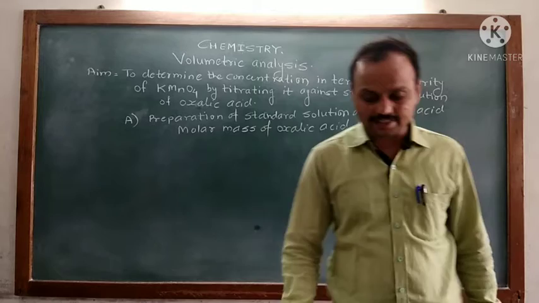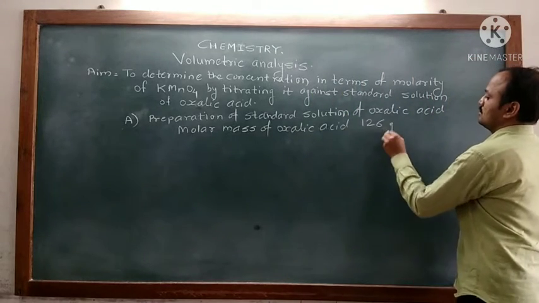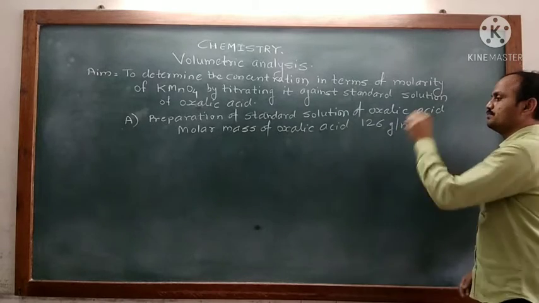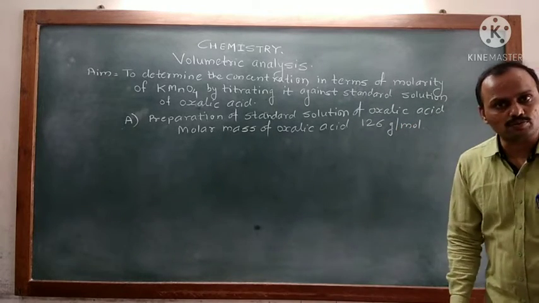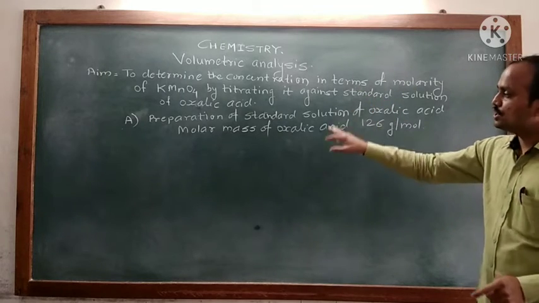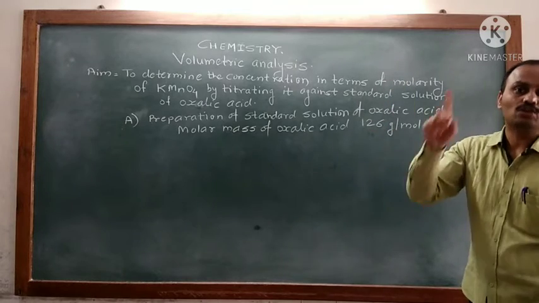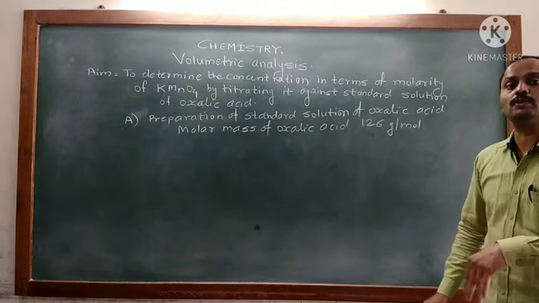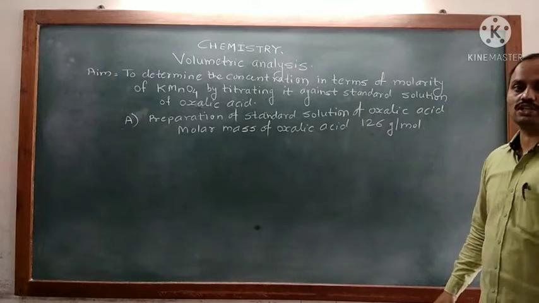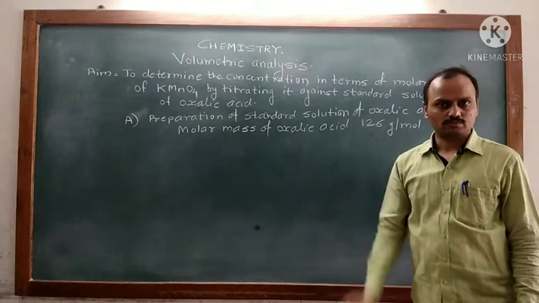The molar mass of oxalic acid is 126 grams per mole. What does it mean? When we dissolve that much oxalic acid to prepare 1 liter of solution, that solution will be 1 molar.